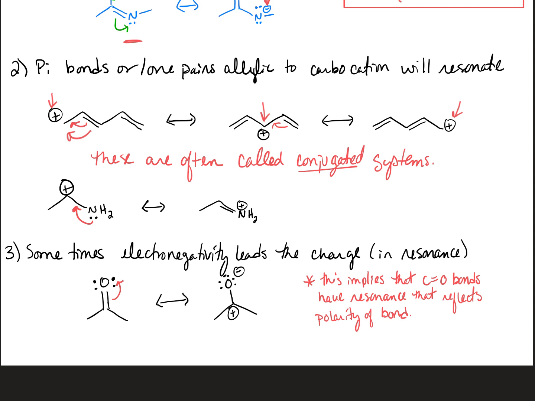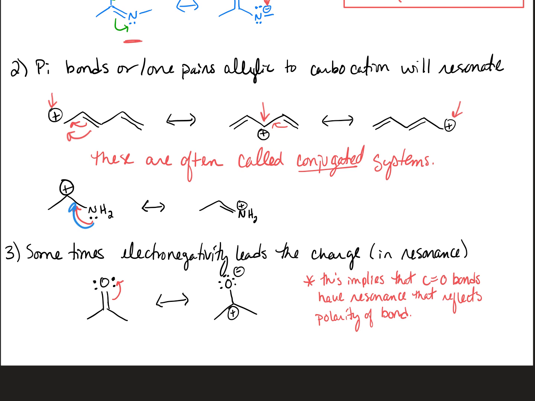So another way to represent this, like if you have nitrogen, we can take those lone pairs and move that into that bond right there. That will change where the positive charge is as well, but that's another example. Sometimes electronegativity is going to lead as to where you're going to find those charges.